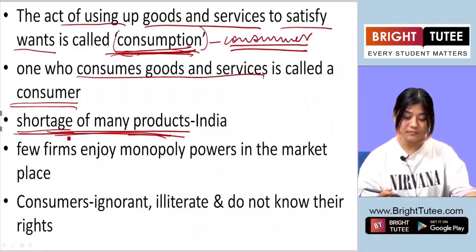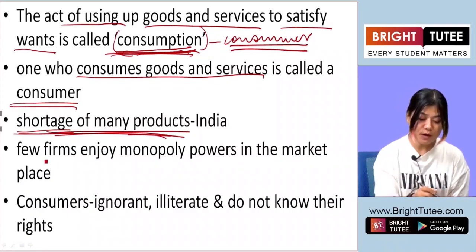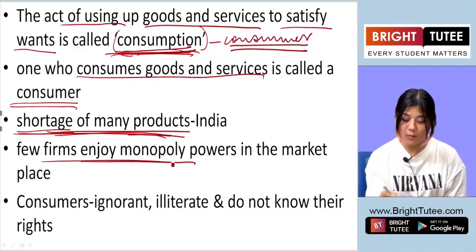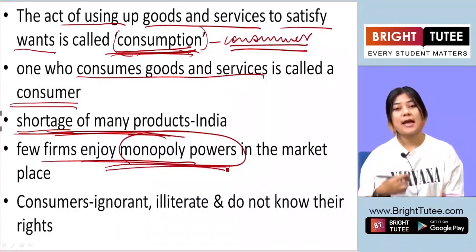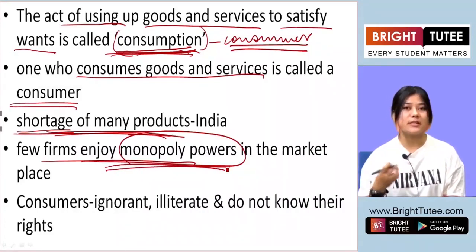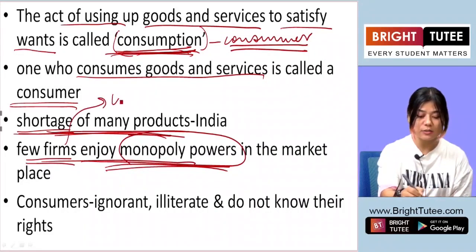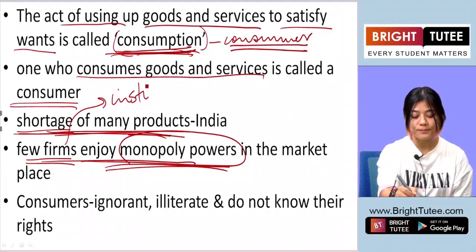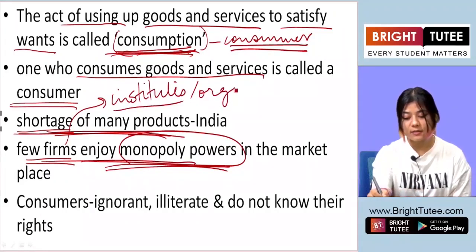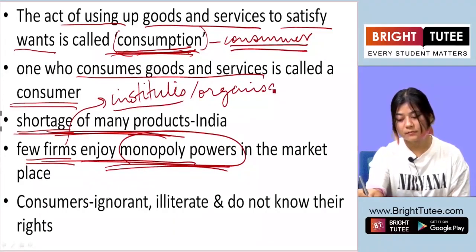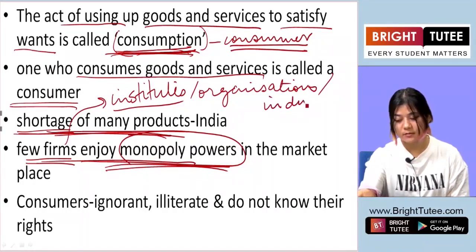Alright? And in the market, there are few firms that enjoy monopoly powers in the production and distribution of goods and services. So there are few firms, few institutes, few organizations, as well as individuals.